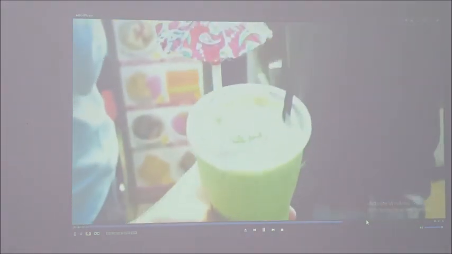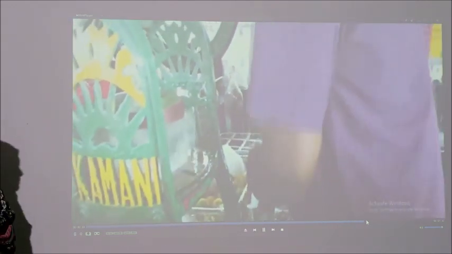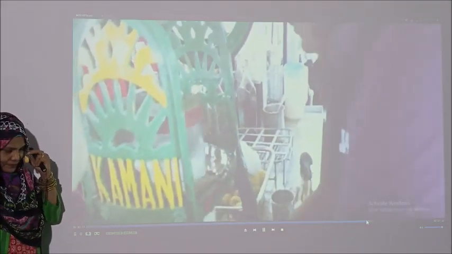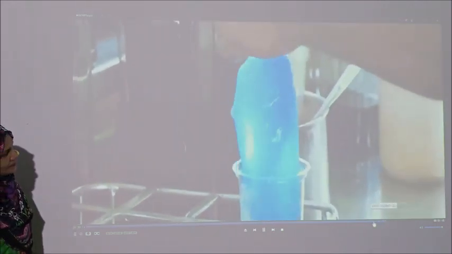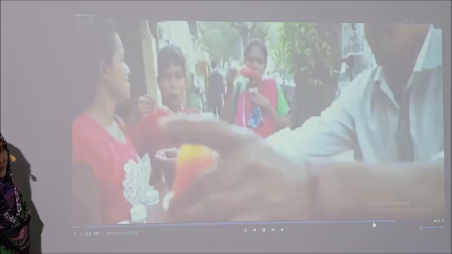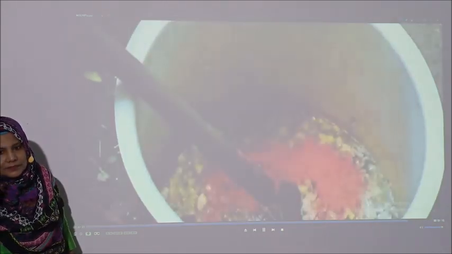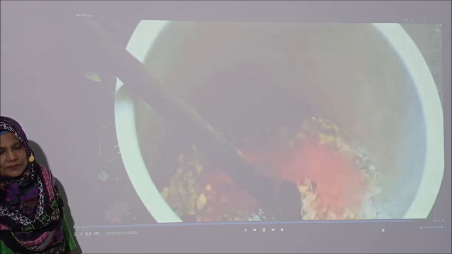Would you like to buy some ice cream that contains washing powder? Consume some spices that contain arsenic compound.